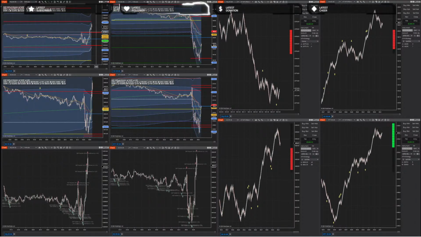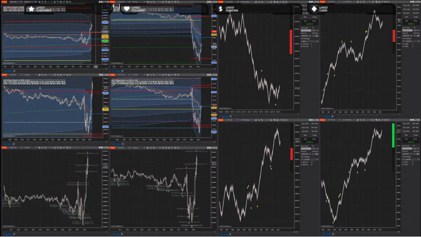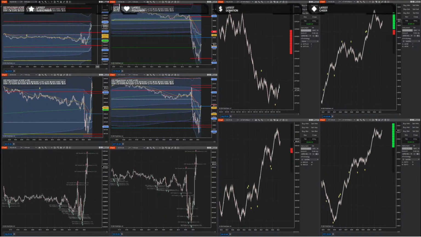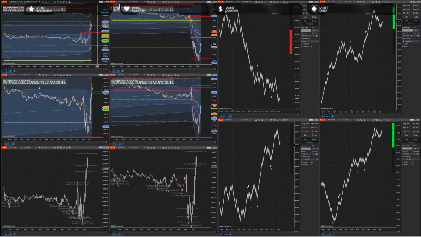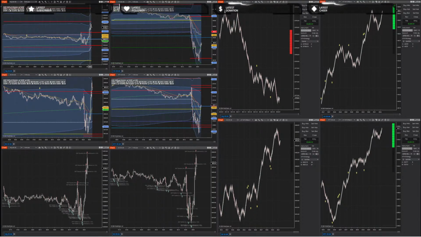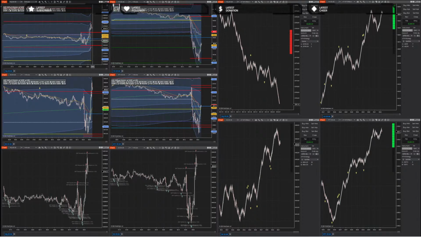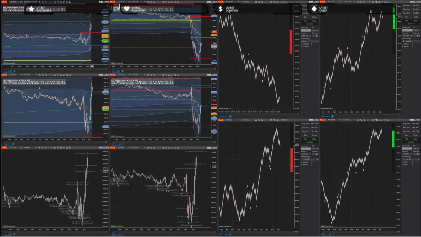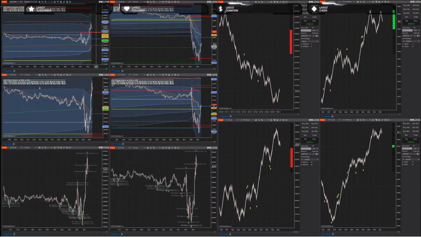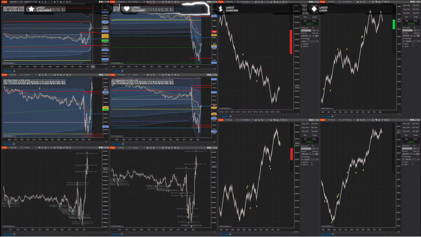Or it could come down here to the opening range breakout line, and then that'll probably be the end of the session. Worst case scenario, we'll come down to this VWAP line, or even the order flow midpoint line here. That's worst case scenario.